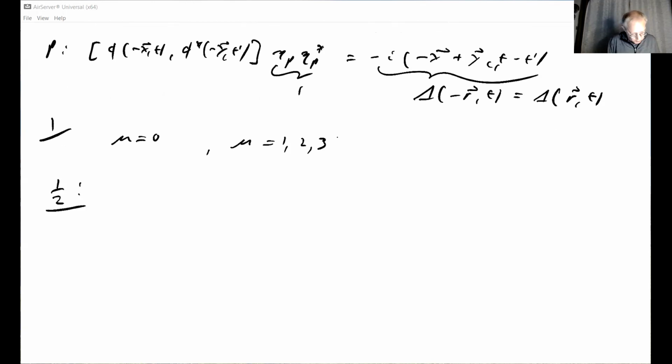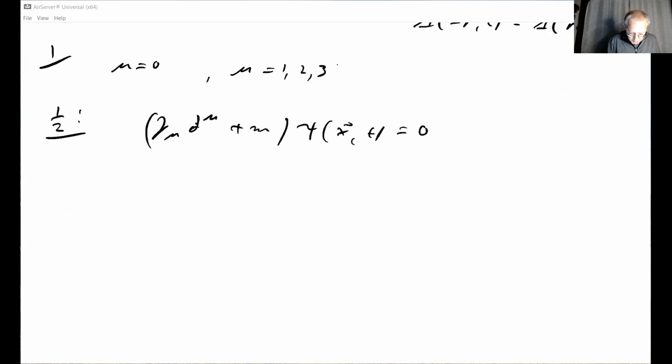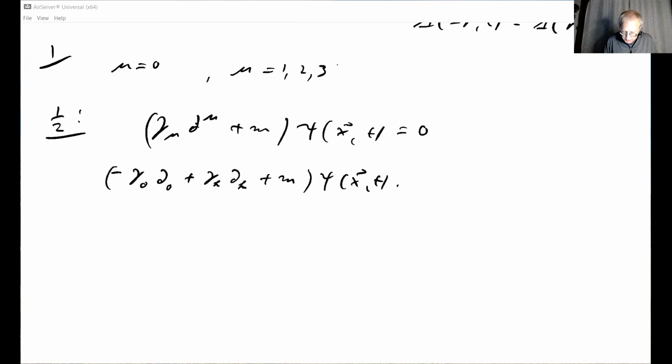So let's do this. So we start with the Dirac equation. We have gamma mu d mu plus m acting on psi at x and t, and that's equal to 0. And if we write this out and use our metric, I can write this as gamma 0 d0 plus gamma k dk, where k takes the values 1, 2, 3, plus m acting on psi x t, and that's equal to 0.